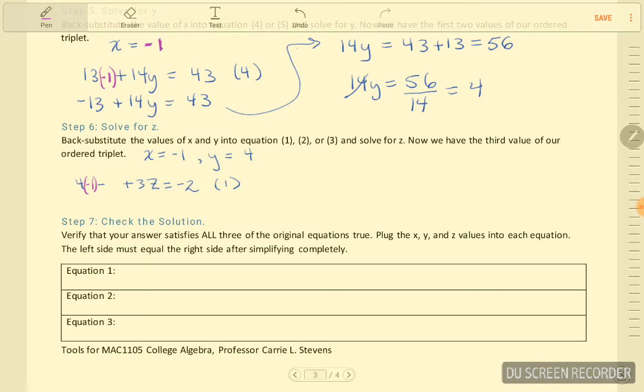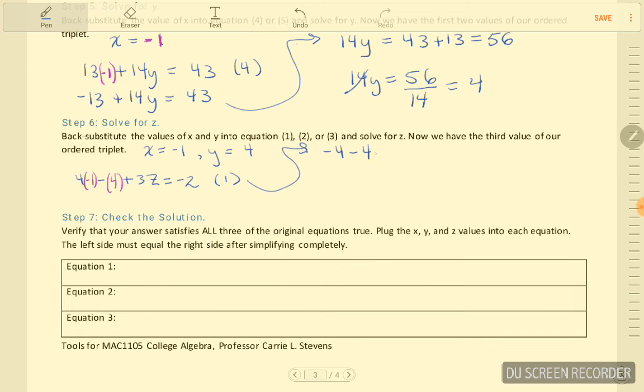The y value with +4, and simplify and solve for z. So I end up with -4 minus 4 plus 3z equals -2, which gives me -8 plus 3z equals -2.